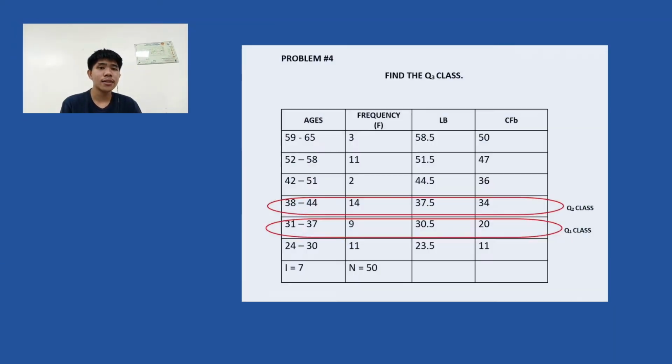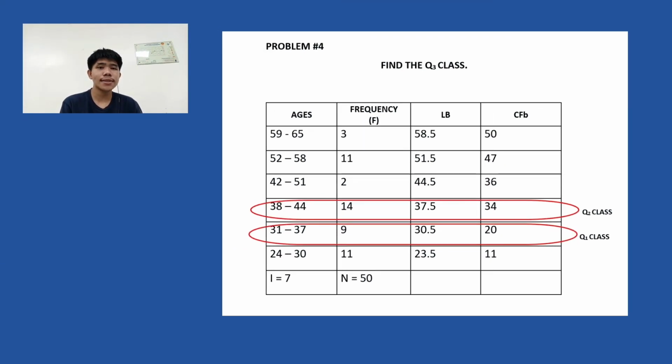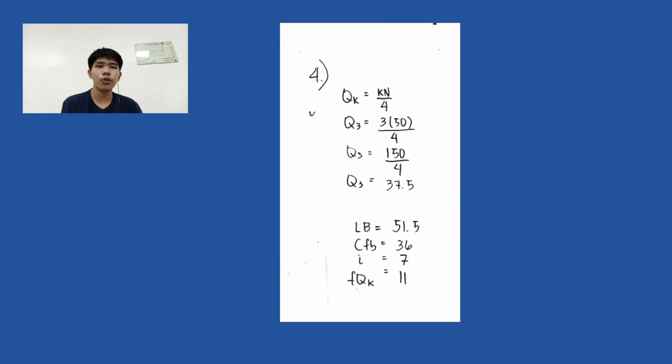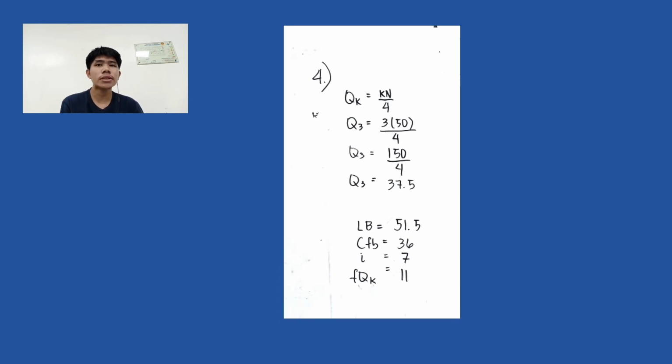After finding our Q sub 2 class, we will then proceed to finding our Q sub 3 class. Again, we will start by finding the value of our Kn over 4. This time, we will substitute K with 3 as we are looking for the Q sub 3 class.